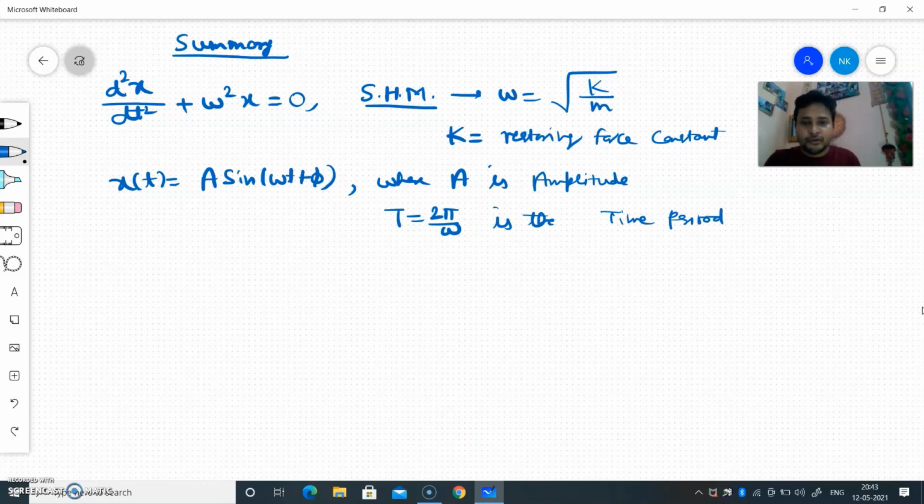So we know that frequency f is just 1 by T. This is just omega by 2 pi, is frequency.